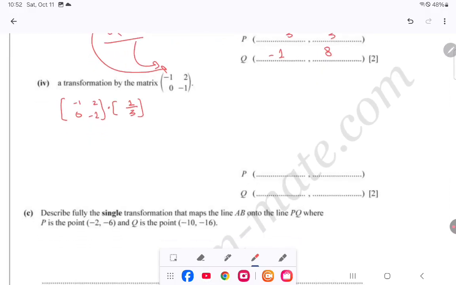For the multiplication, first this row will multiply with this column and then this row multiplies with this column.